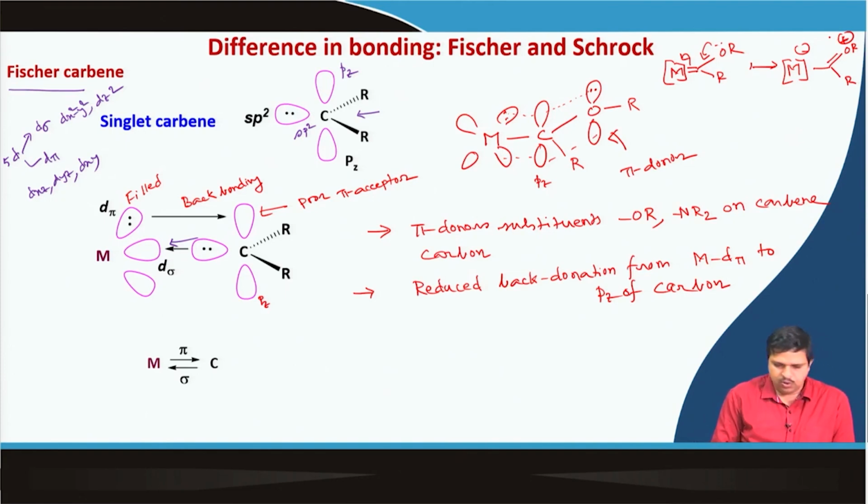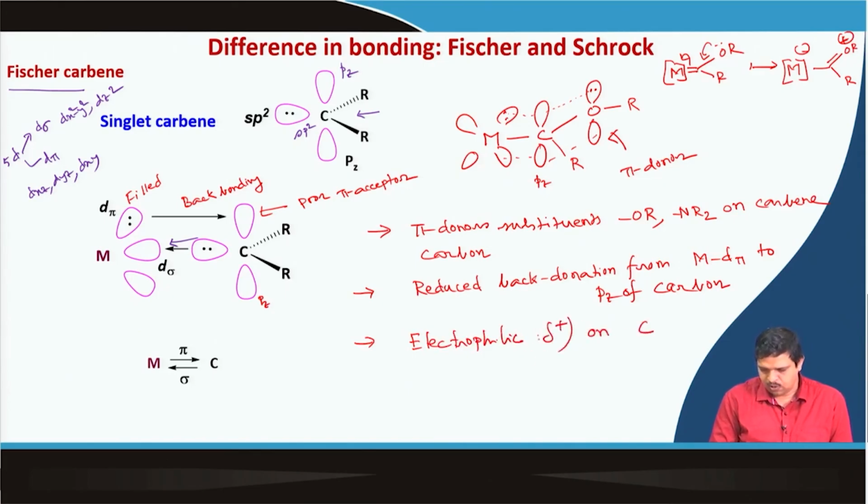Here this carbon is electrophilic, delta plus on carbon. So there is one sigma bond between the carbon and the metal.